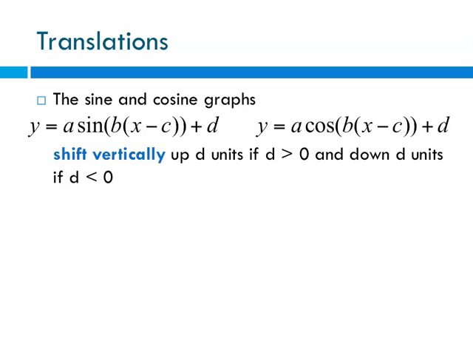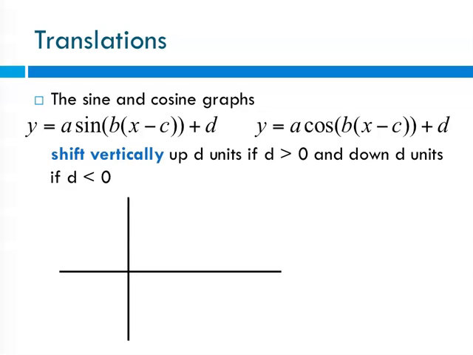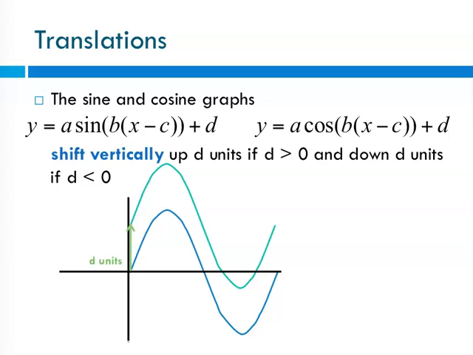If d is less than 0, it shifts down. So this is, as opposed to the horizontal shifts, shifting vertically is more naturally what you imagine, that plus a number shifts it up and minus a number shifts it down. So here is an example of a sine function, and if we shift this entire thing up vertically by d units, this is what it would look like.